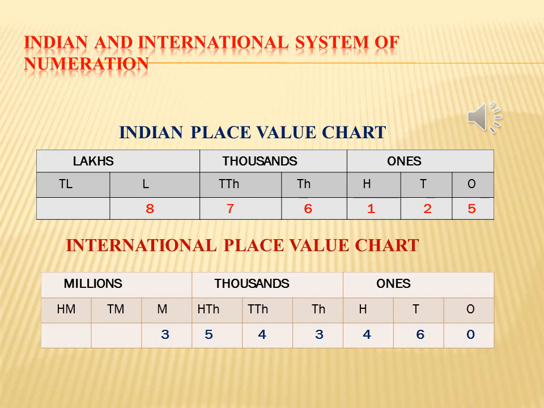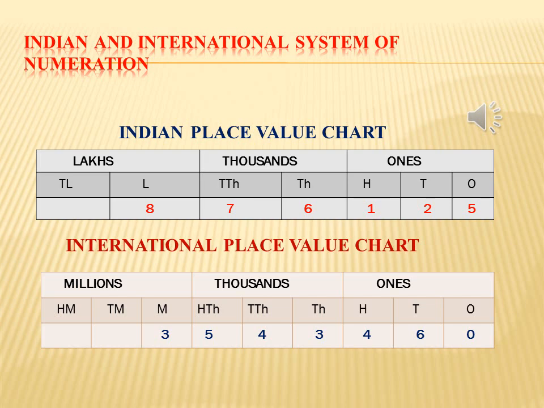Now let us see how to write the international place value chart. In international place value chart also ones, tens, 100 come under ones period. But in thousands period the places which come are 1,000, 10,000 and 100,000. After thousands period in Indian place value chart we have lakhs period.